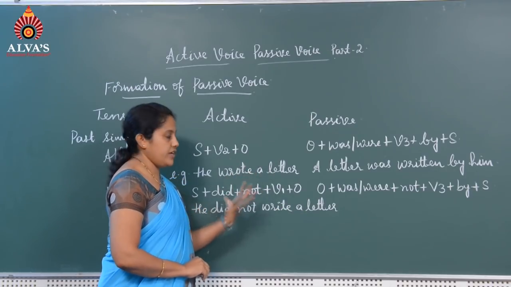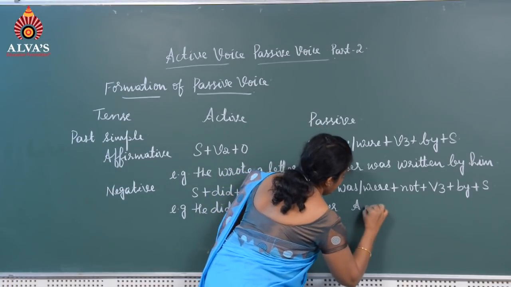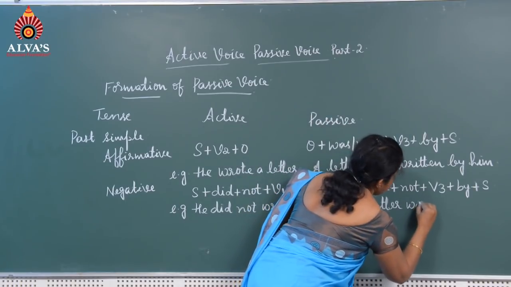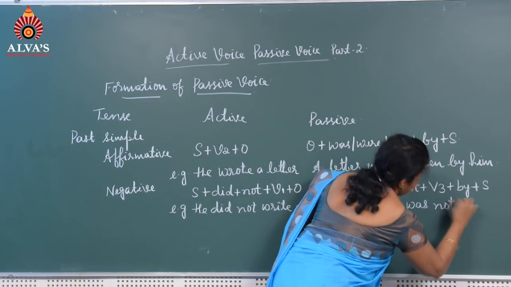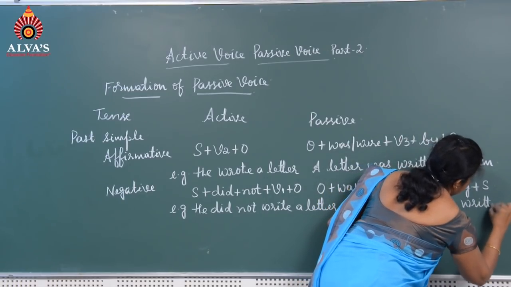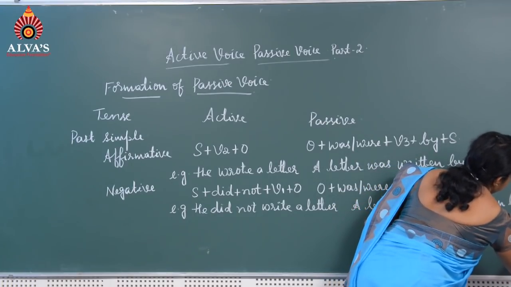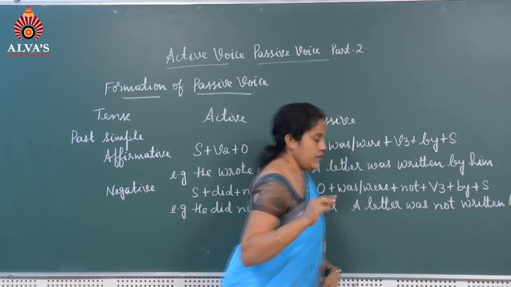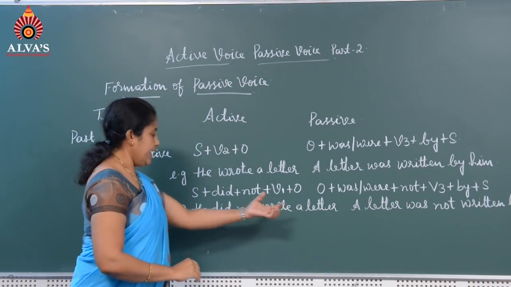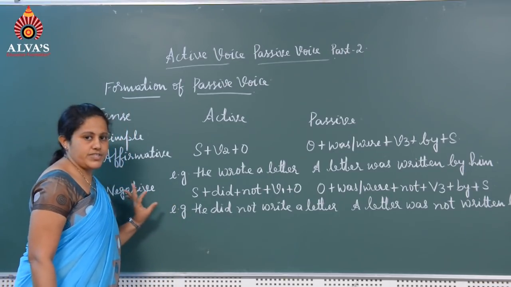When we change from active to passive, it becomes a letter was not written by him. A letter was not written by him. Okay. So, this is past simple negative sentence.